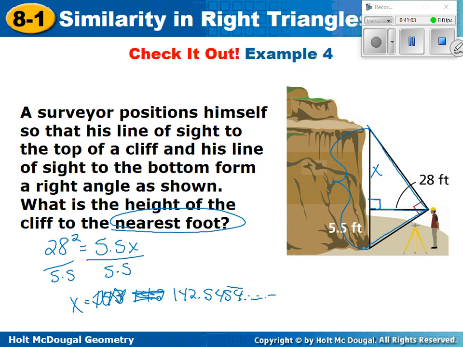Okay, so that's repeating. So we want to add the 5.5 to that. And then we want to round. So what do we get when we add those together and round? 148. Okay, so to the nearest foot would be 148 feet.